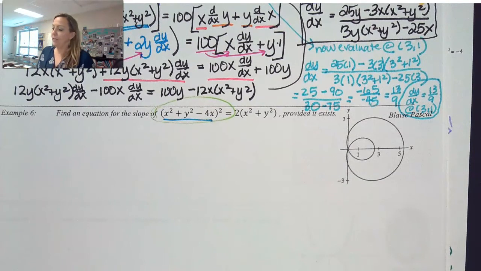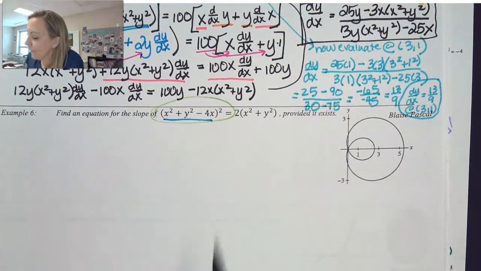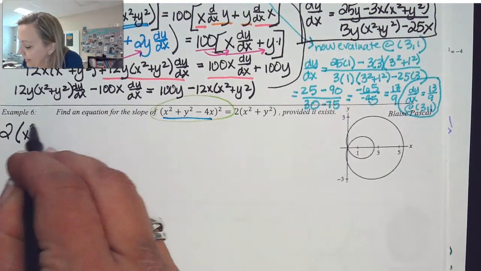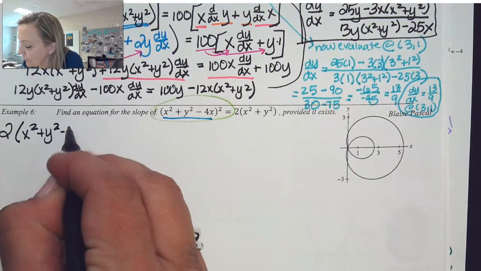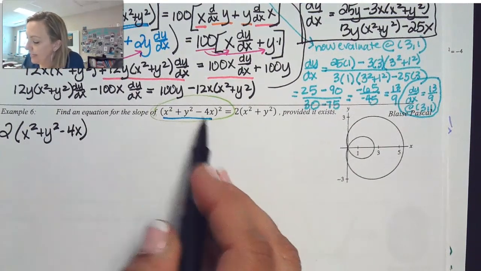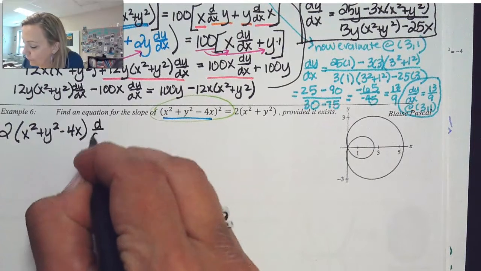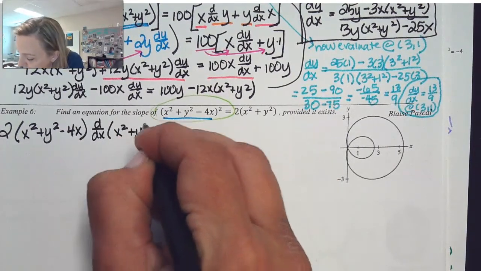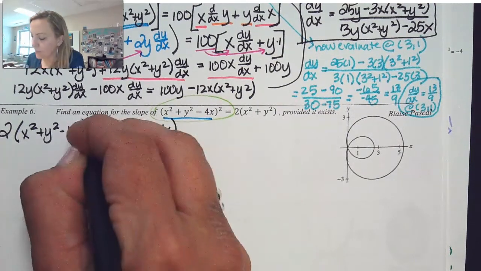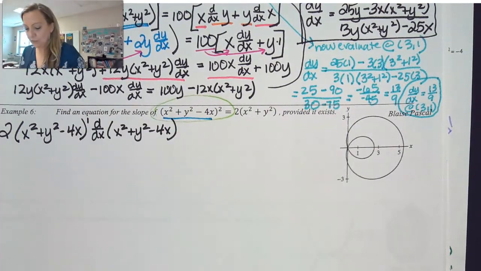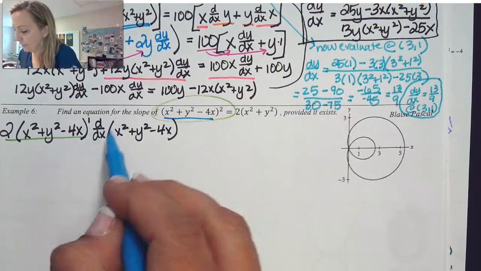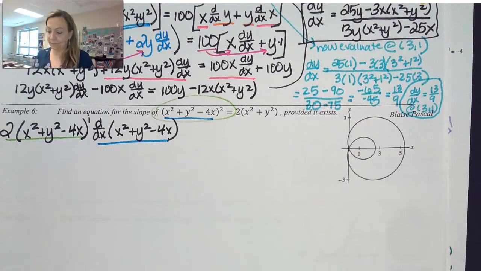Okay. So if I am differentiating with respect to x, I end up with 2 times (x squared plus y squared minus 4x). And then we want the derivative with respect to x of x squared plus y squared minus 4x. Again, that was to the first power. Okay, so this was the idea of my outside function, and this is what I'm dealing with, that inside function.